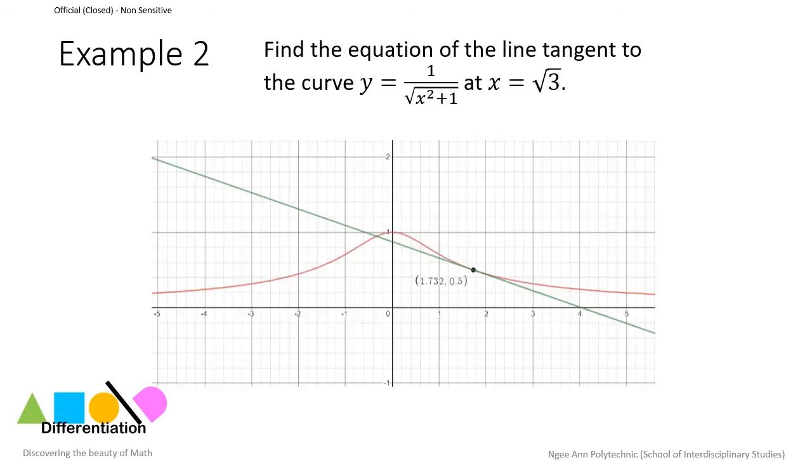And let's see how it really looks graphically. So we plot the curve, which is given by the red curve, and the tangent line is drawn in green, and that passes through x equals root 3. So that's the equation that we had been looking for.